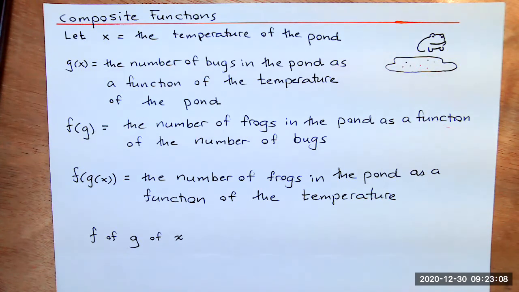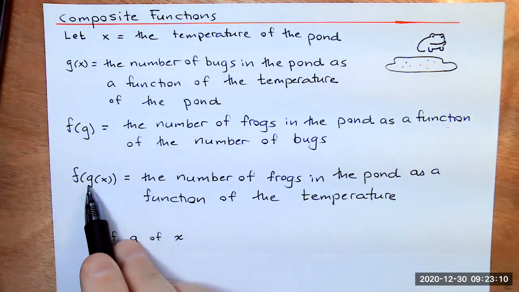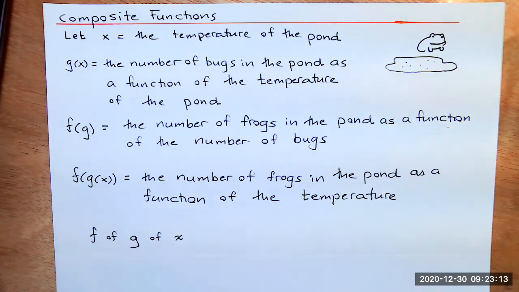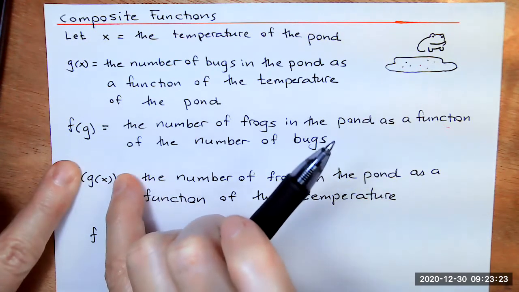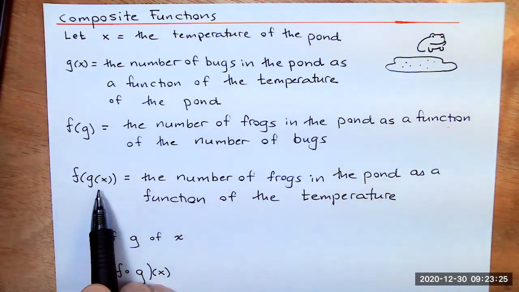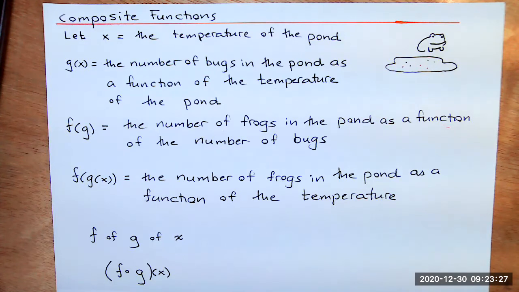By the way you say this is f of g of x. And you can also write it as f of g of x. I prefer this way because you can see that the g of x function is inside of the f function more easily.